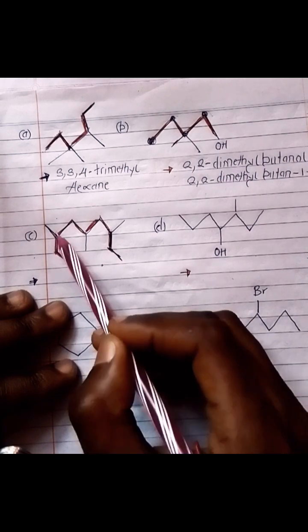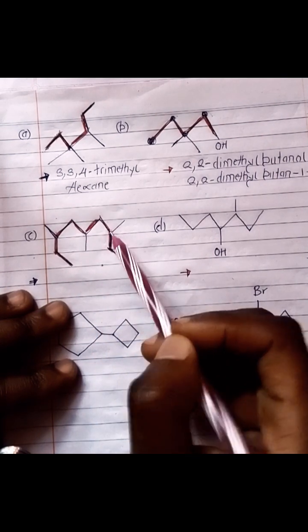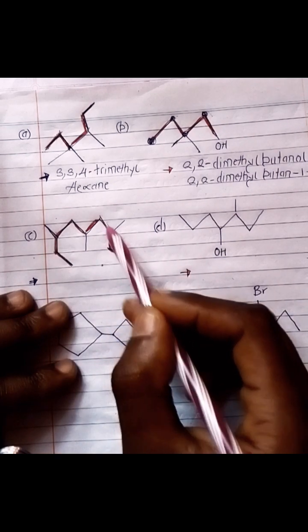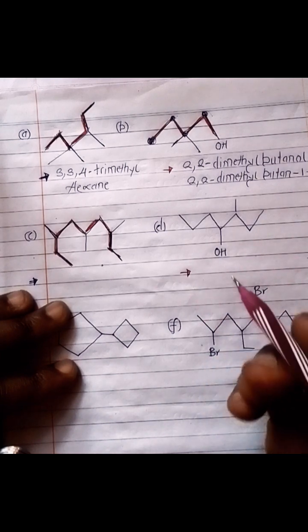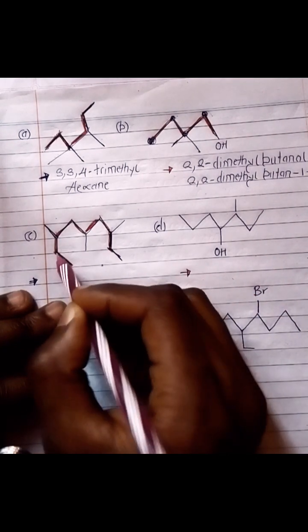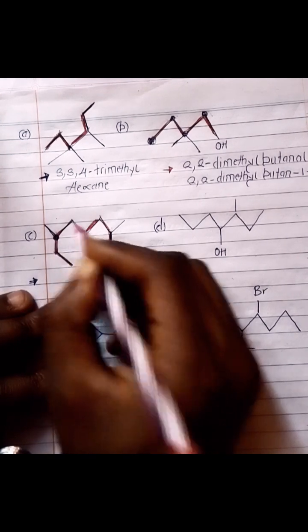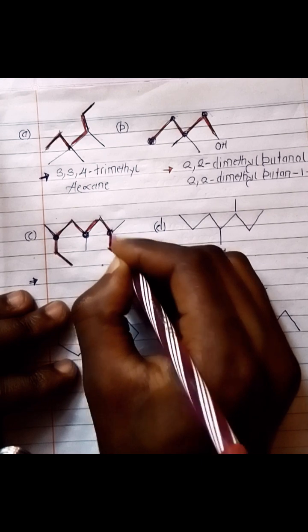If I count 1, 2, 3, 4, 5, 6, 7, they are at 3, 5, and 7. Counting from the other side gives the same exact answer. So I'll count from this side, 1, 2, 3, 4, 5, 6, 7, right?